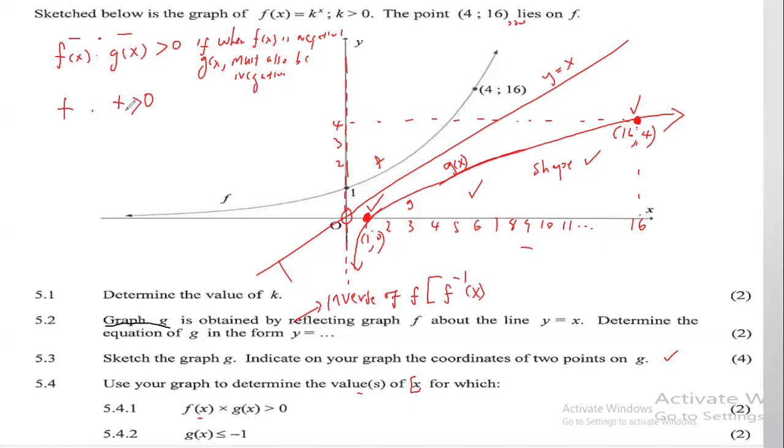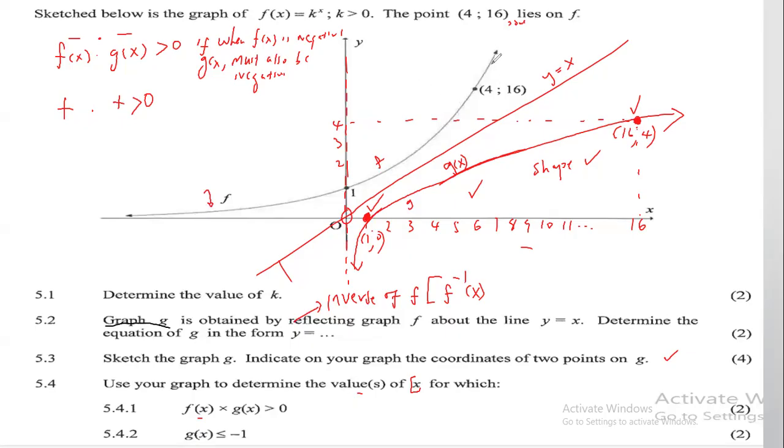So now, this means that when f is below the x-axis, remember f is negative below the x-axis, g also has to be below the x-axis. But we don't have any x values whereby f can be below the x-axis.